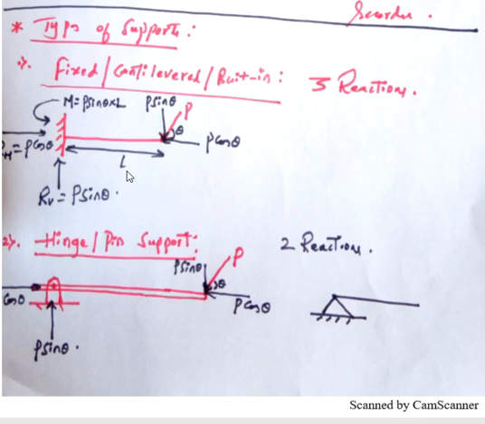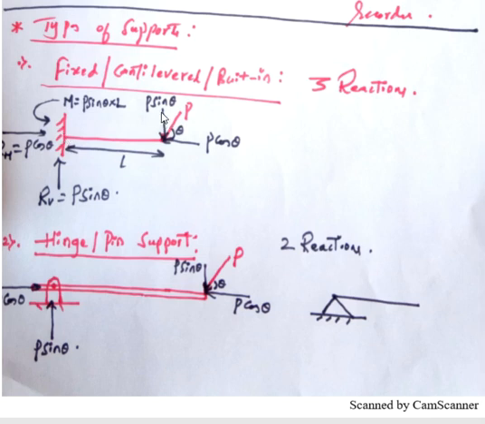Now there are two reactions, one horizontal reaction and one vertical reaction. Apart from this, if you look at this P sin theta, this force is acting at this end, and there is a perpendicular distance between the force and this support.